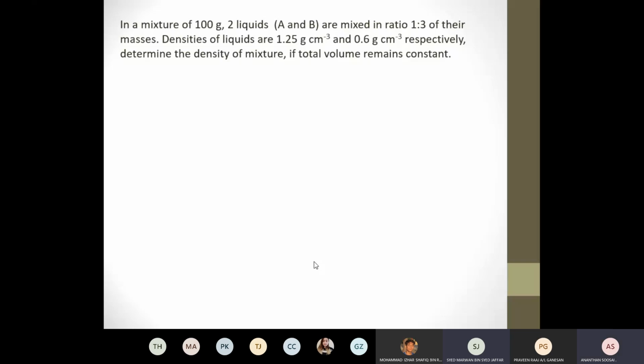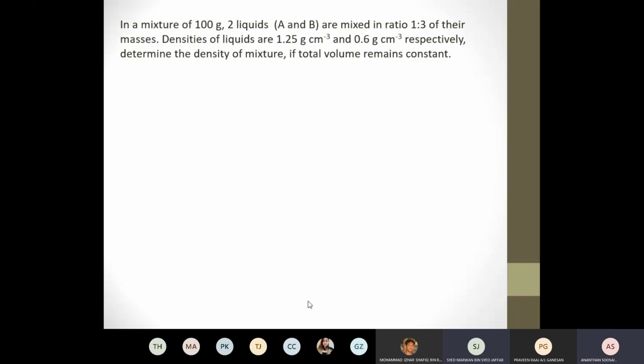In a mixture of 100 gram, two liquids are mixed in a ratio of 1 to 3 of their masses. Determine the density of the mixture.